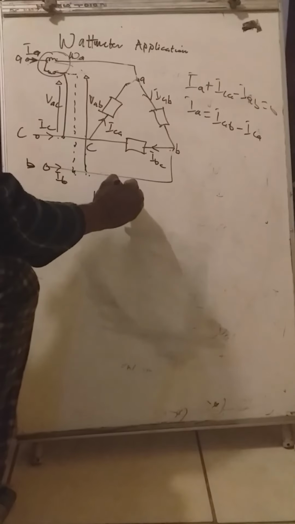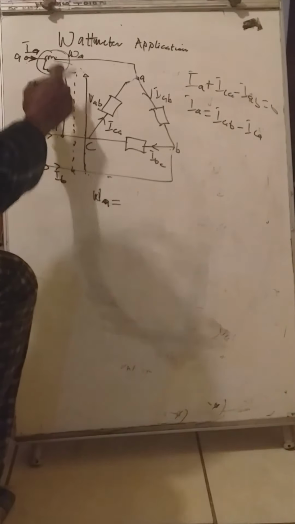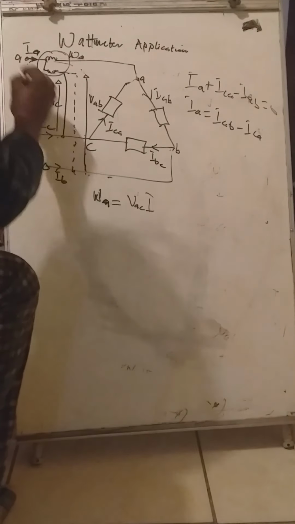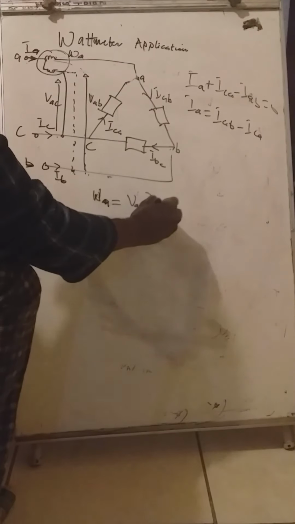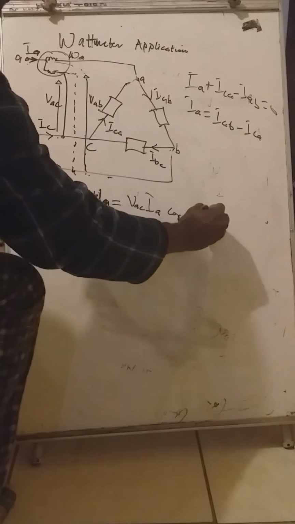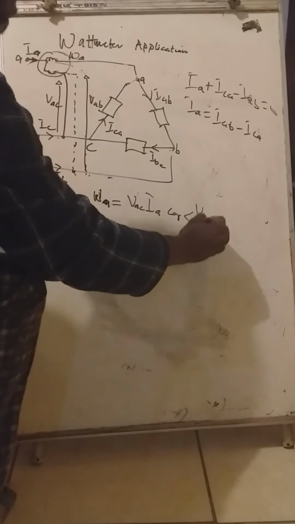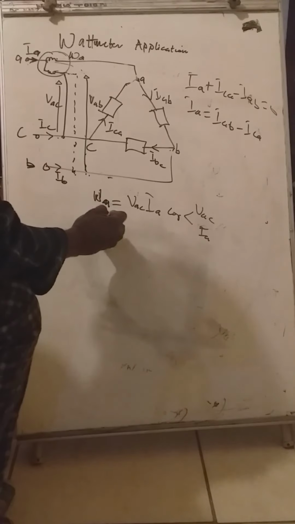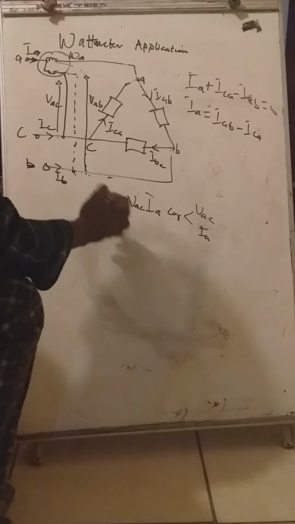So the wattmeter reading is VI cos phi. The voltage connected to line C is VAC times the current flowing in the wattmeter, which is IA. So we need to know what our VAC and our IA are.